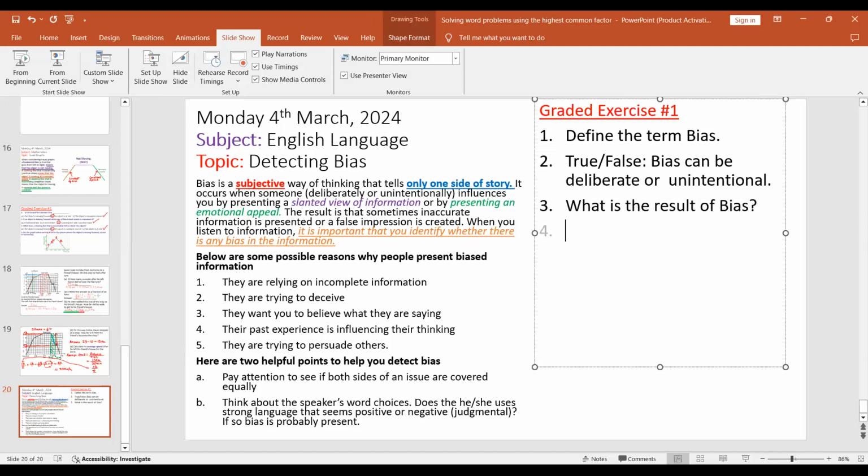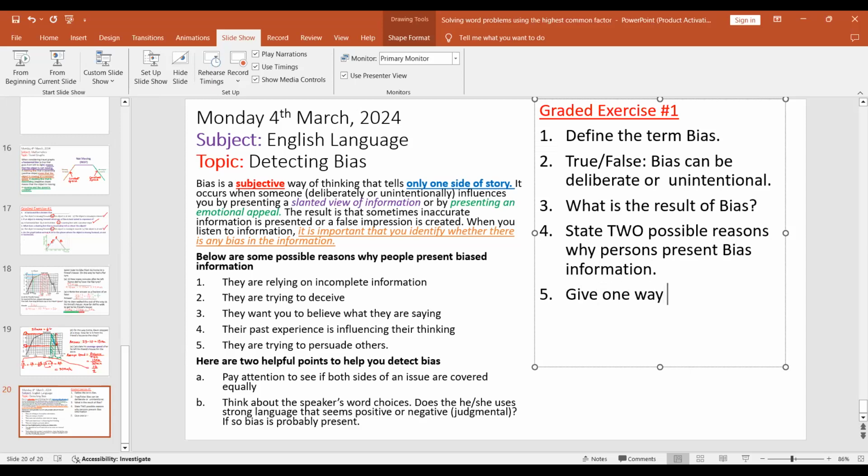Number 4, state 2 possible reasons why persons present biased information. Number 5, give one way to check against bias.